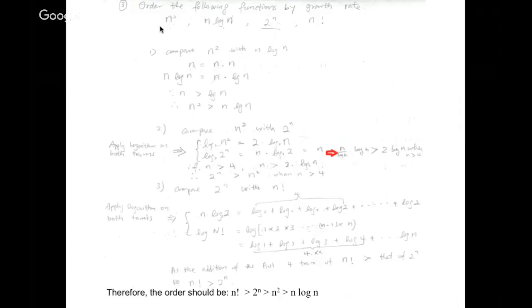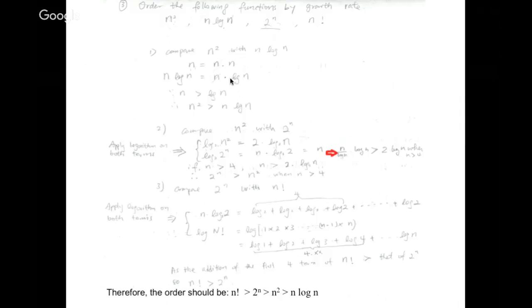We first have to compare the first two terms, n squared and n log n. So compare this. Here is n squared. Okay, so n squared equals n times n, and n log n equals n times log n.